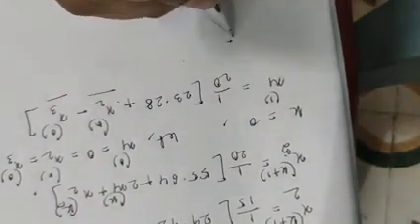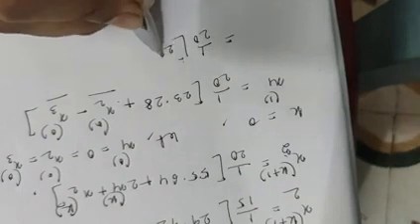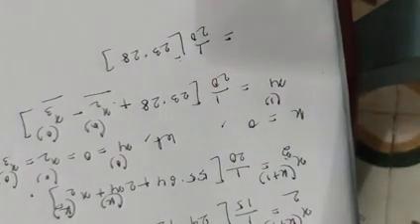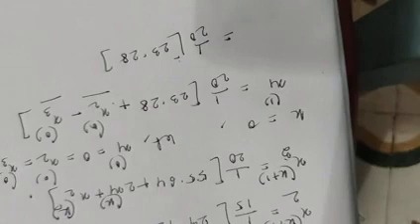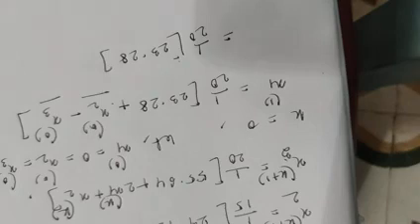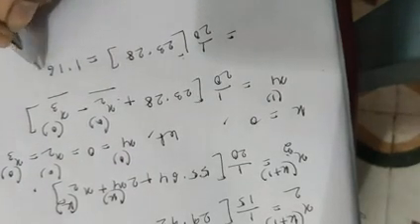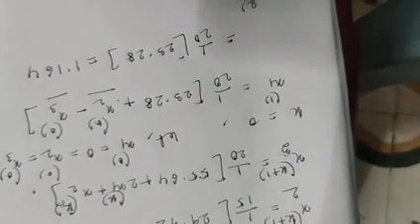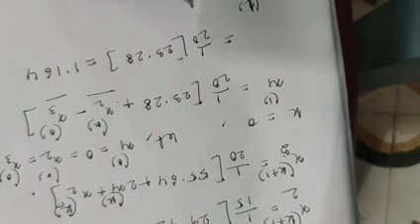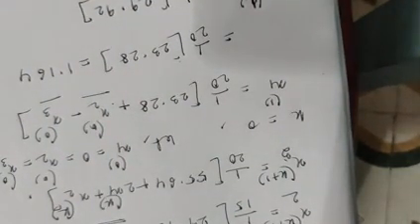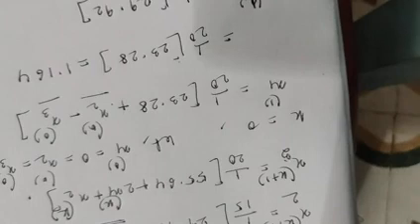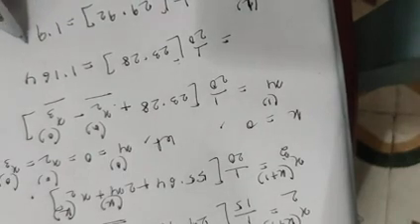By putting it in, what will we get? 1 by 20 into 23.28, we get the value 1.164. Next x2 1. It will become 1 by 15 into 29.92, the remaining values will be 0. 29.92 divided by 15 gives 1.99.